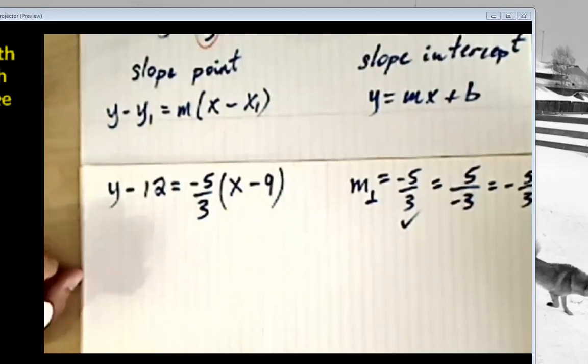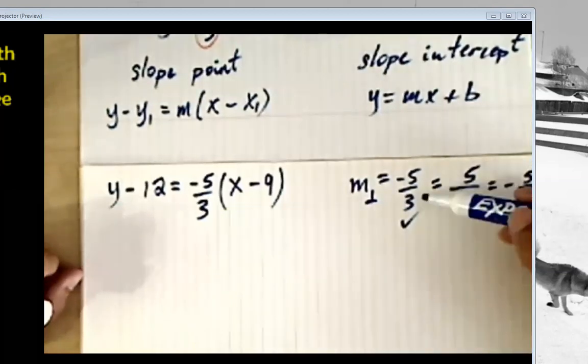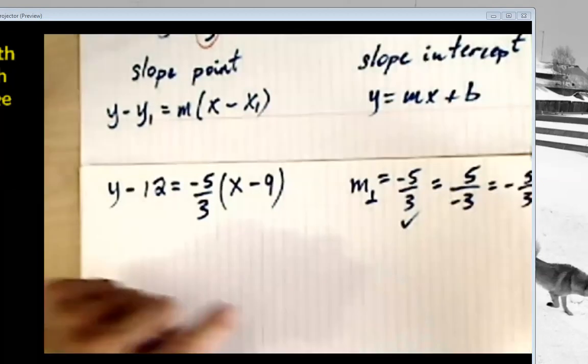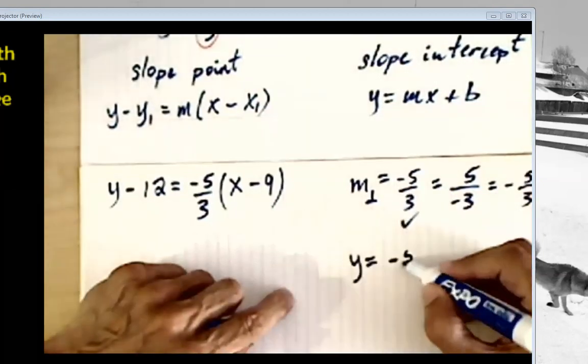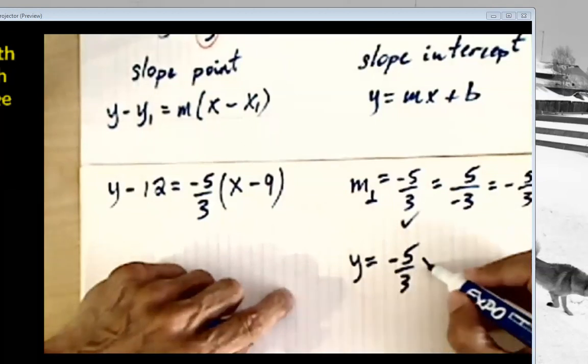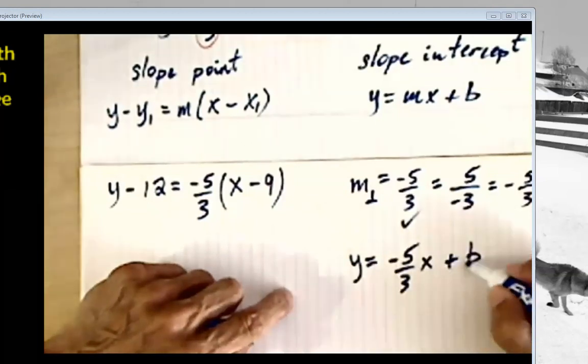So this means we got the m for mx plus b. This means we got y is equal to minus 5 over 3x plus b over there.